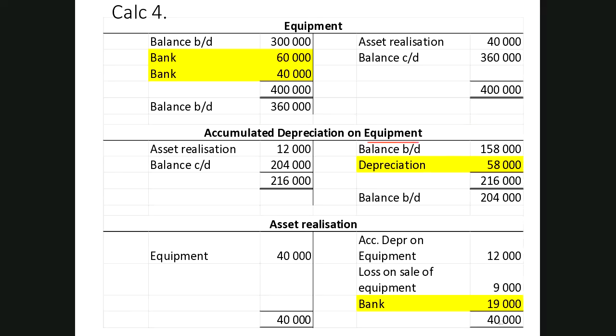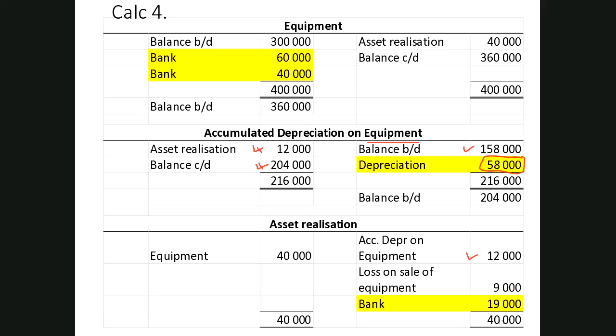So I reconstructed this account. This was the opening balance and this was the closing balance. And the 12,000 was the accumulated depreciation on an asset that I sold. Remember, the entry for that is you take it out of accumulated depreciation and you credit asset realization. So that means then that in this accumulated depreciation on equipment account, remember this is a negative asset. This 58,000 becomes my balancing amount, which is my depreciation amount for the year.